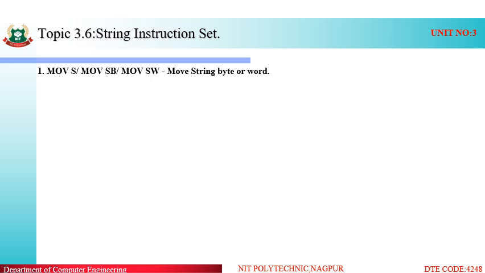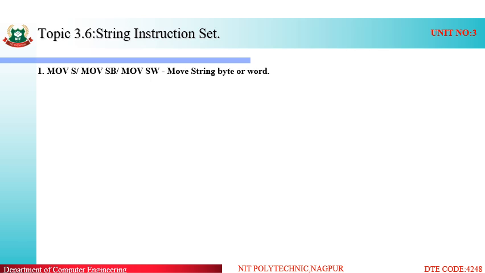As we all know, byte means 8 bit. Suppose the string is of 1 byte, that is 8 bit, then we will use the instruction MOVSB. If the string is of 16 bit, that is 1 word, then we will use the instruction MOVSW.